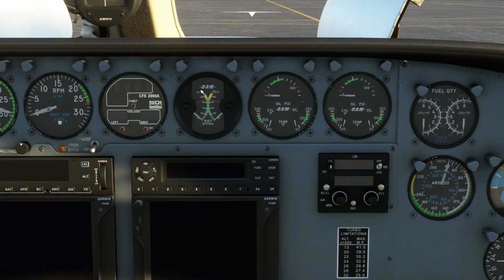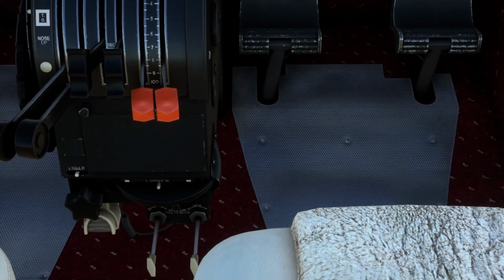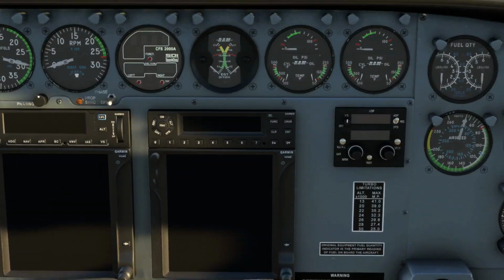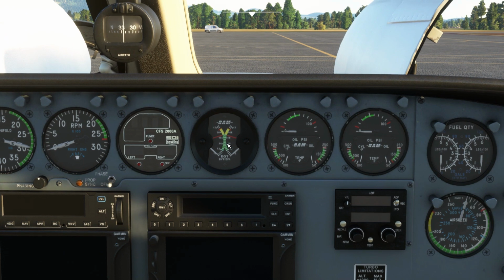We'll need these to manage the mixtures, and also to set the engine to whatever we need. So if we want economical speed, we should set the engine at peak EGT, the highest EGT we can obtain. We'll move the mixtures until we get the highest EGT.